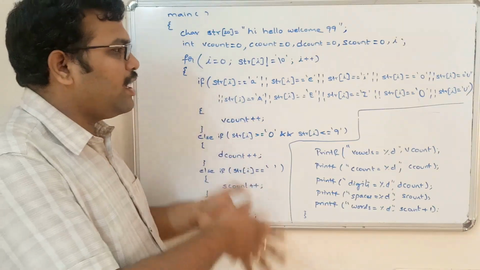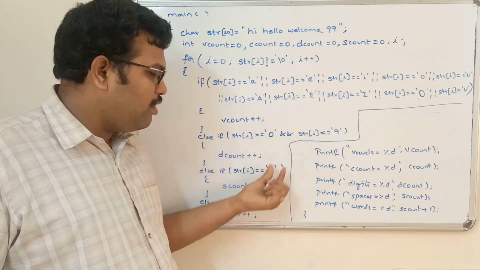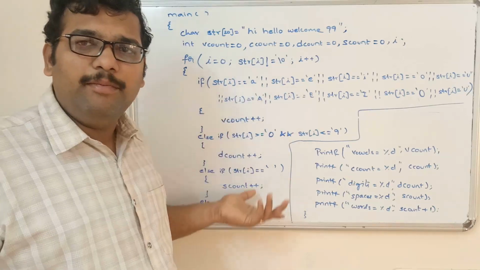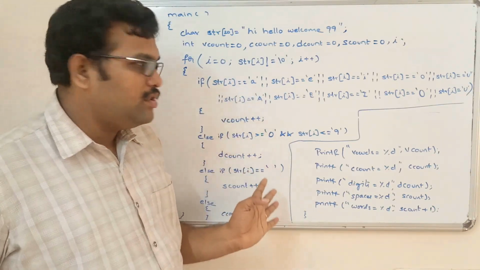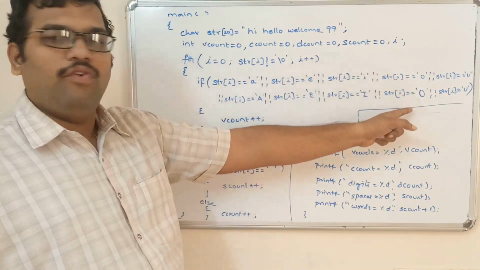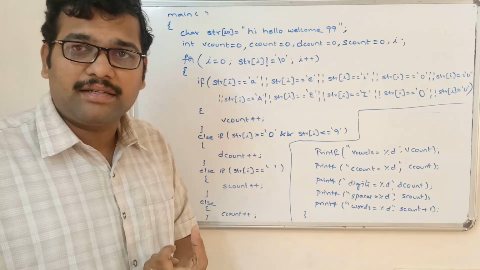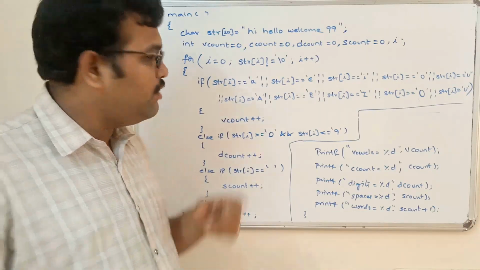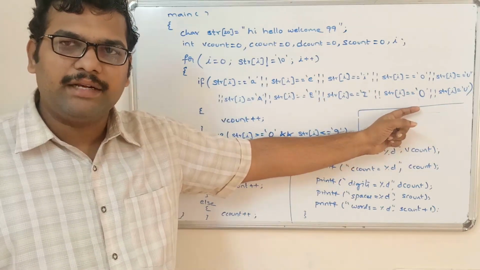Here we are comparing the vowels or numerics or spaces. So other than these three, automatically it will be a consonant. And after comparing these vowels, we have to compare for both the uppercase and lowercase characters. So our text may contain both uppercase or lowercase. So we have checked for all the uppercase and lowercases. 10 comparisons will be done here.